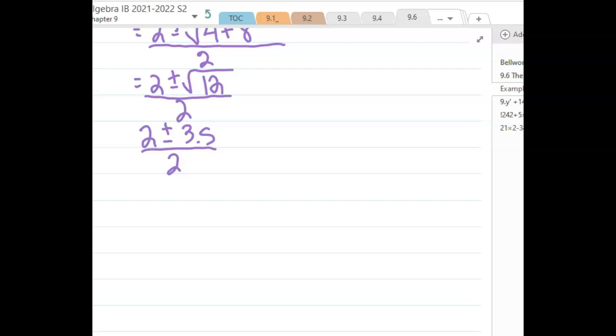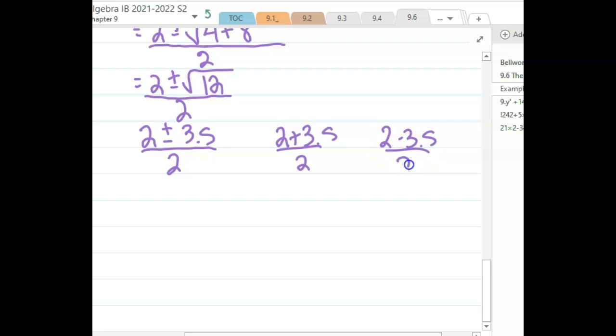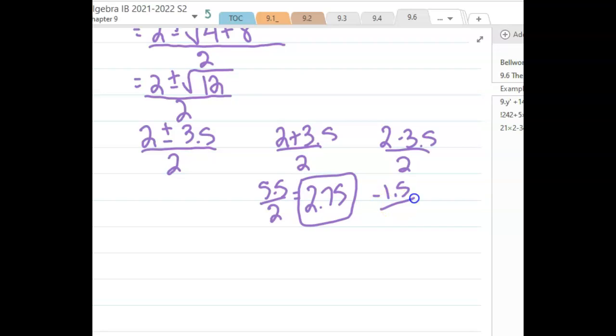To get our two answers, we are still going to do 2 plus 3.5 over 2. And we are going to do 2 minus 3.5 over 2. 2 plus 3.5 is 5.5. 5.5 over 2 gives me 2.75. 2 minus 3.5 gives me negative 1.5.